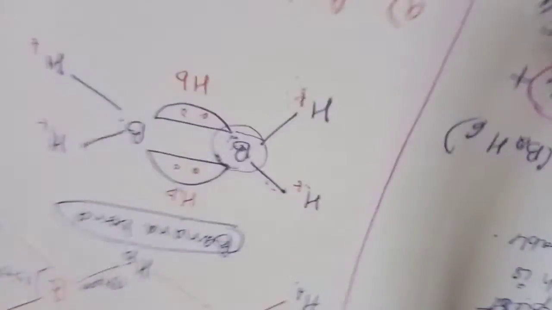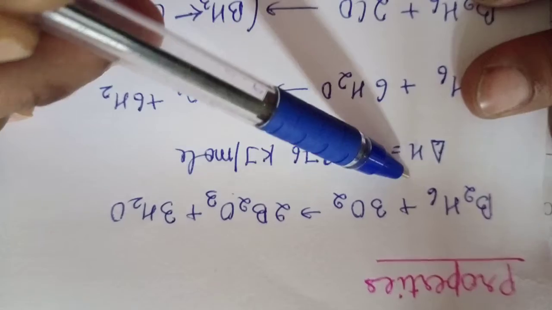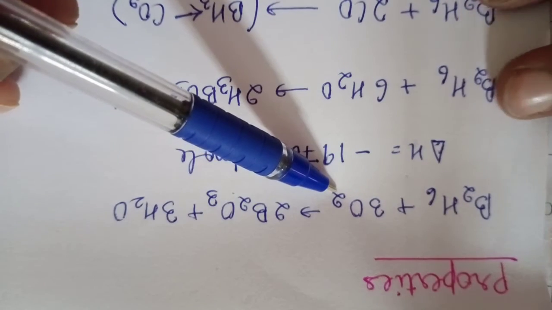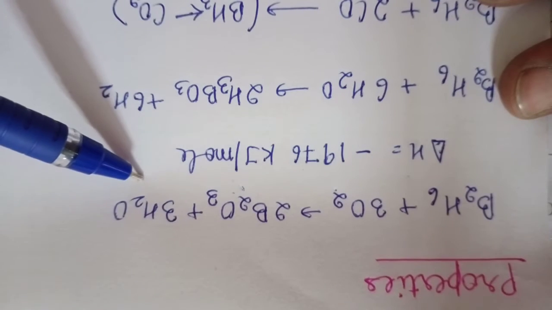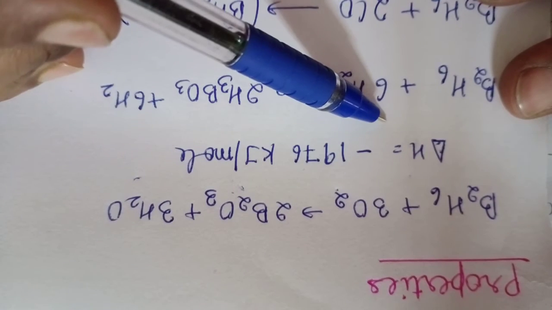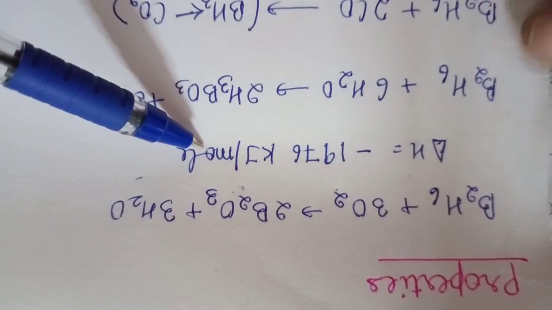Lastly, we are going to study the properties of diborane. When diborane undergoes a combustion reaction, it produces boron oxide with water and the release of a large amount of energy, that is 1976 kilojoule per mole.